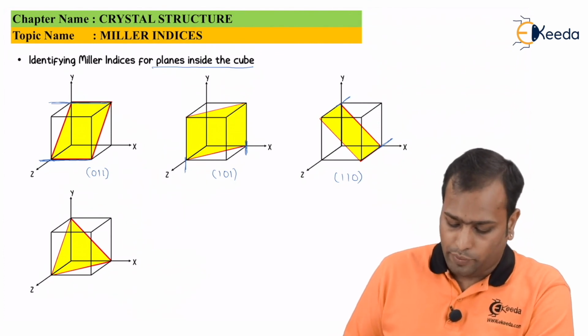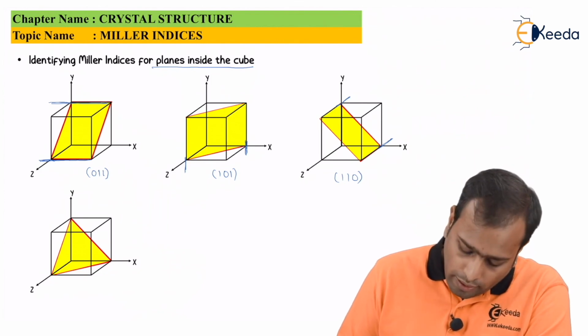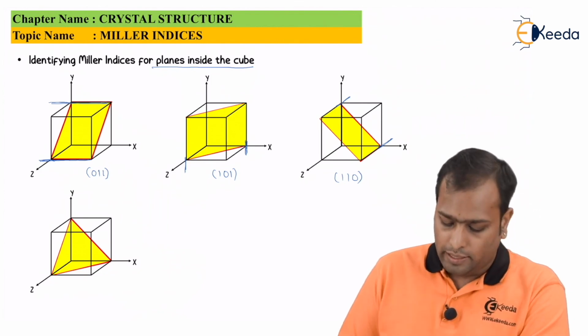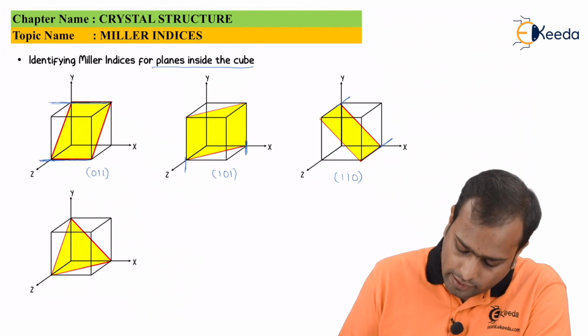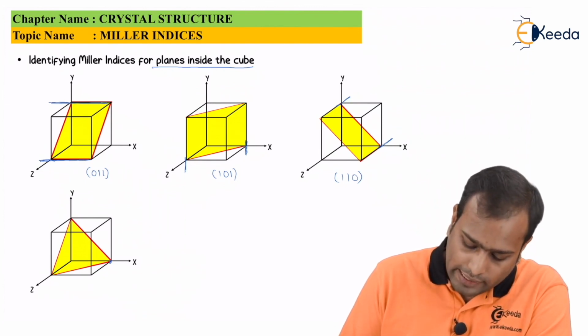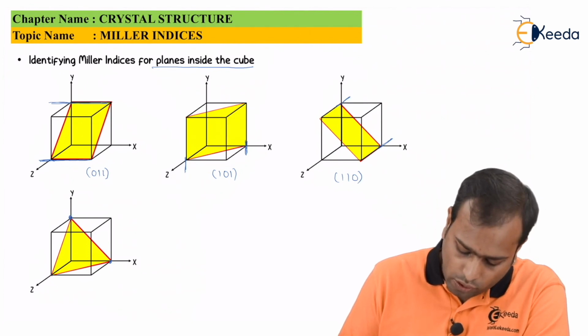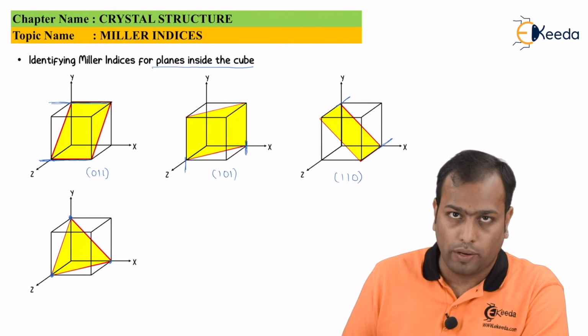Now, this is the question where you can see a triangular plane. This triangular plane is cutting my x-axis. Yes, of course, it is cutting my x-axis at 1 unit. On y-axis, yes, of course, it is cutting my y-axis at 1 unit. And on z, also it is cutting my z-axis at 1 unit.